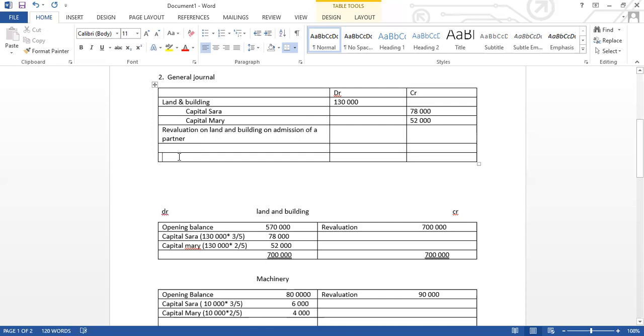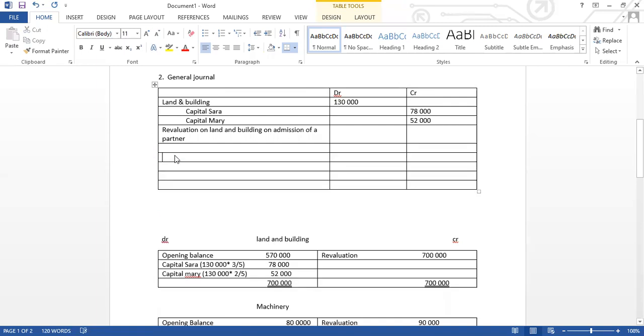Now, in this case, again, looking at this, it's a profit, right? So we said that our capitals are credited. So if our capitals are credited, then machinery will be debited. So we have machinery of how much? 10,000. We use the difference, and then we have capital accounts that are to be credited. Capital Sarah, and then capital Mary.